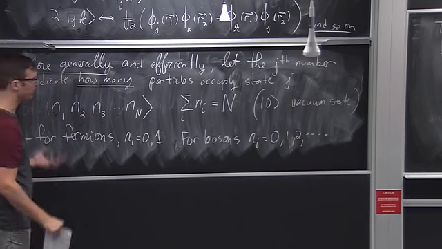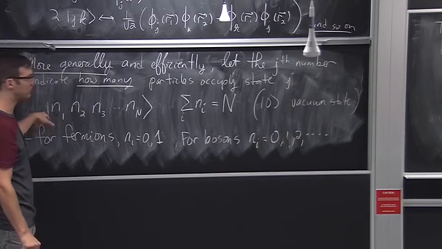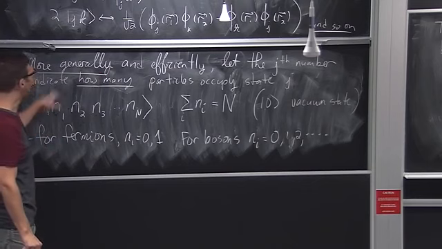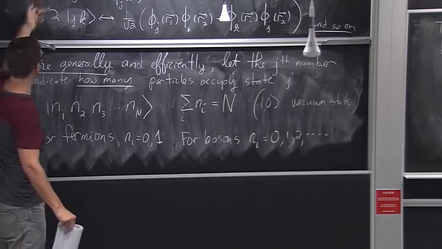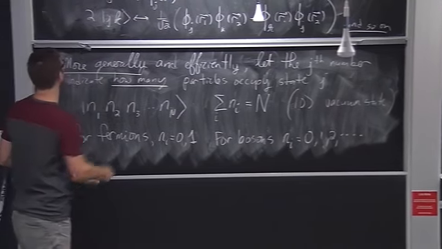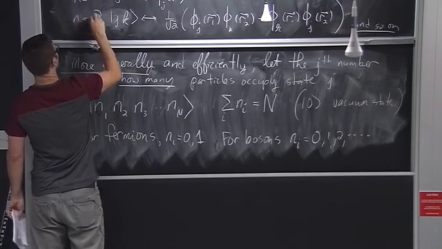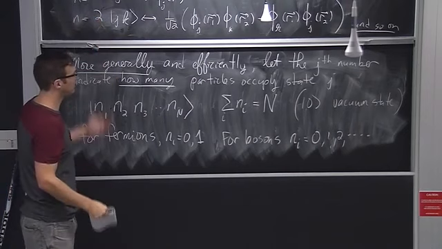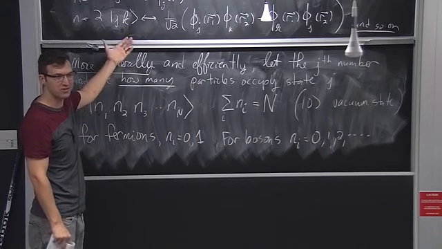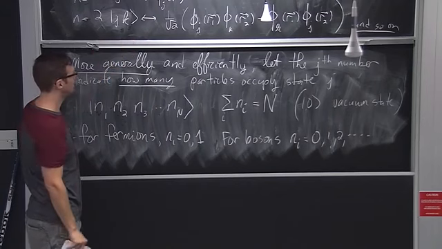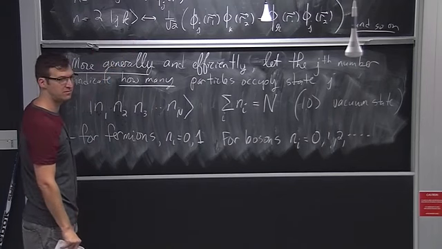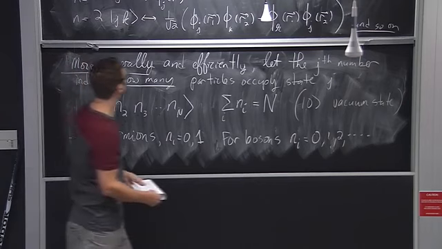Actually, I don't know if it's more general, but maybe it's less general. This label here is like the n: n equals 0, n equals 1, n equals 2. That's why we don't use it, basically, because it's too bulky.